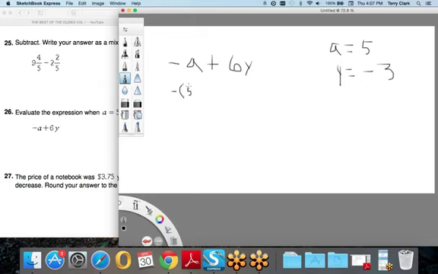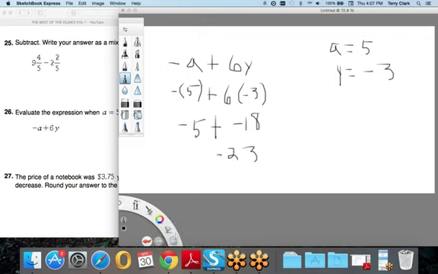And we're gonna do the same thing for the y: take it out, put in a -3, and then we're gonna do the math. The order of operations says that we have to do the 6 times -3 first, and then we'll do the -5 here. And then -5 plus -18 will give us -23. Okay, so that's 26.